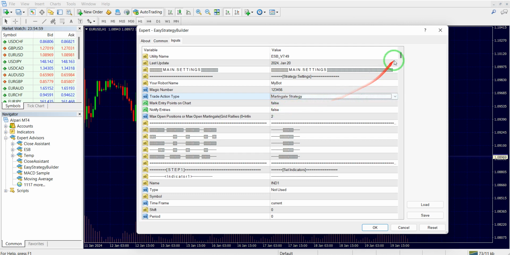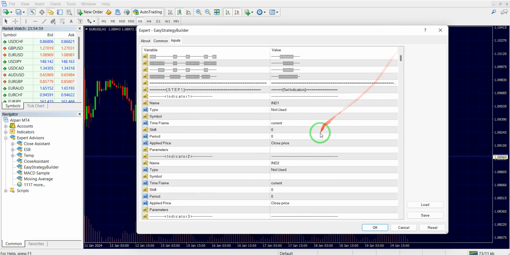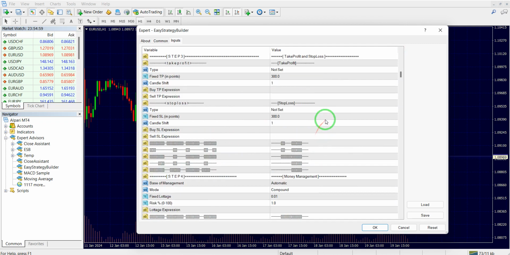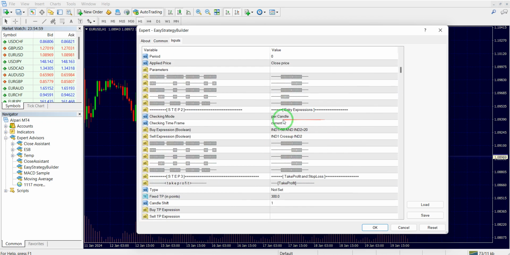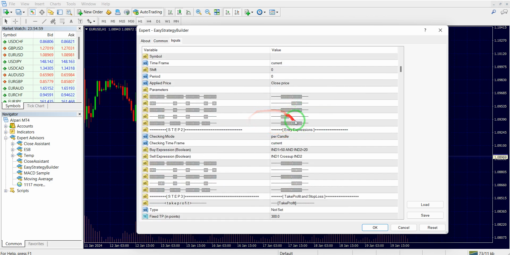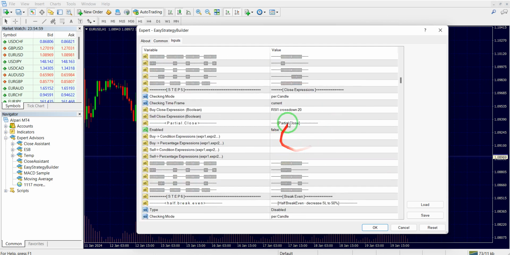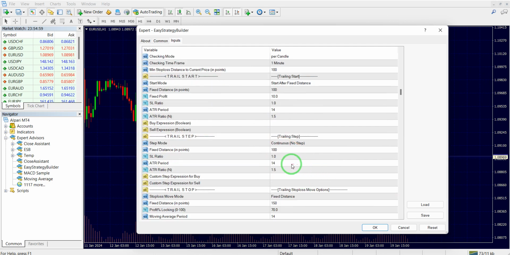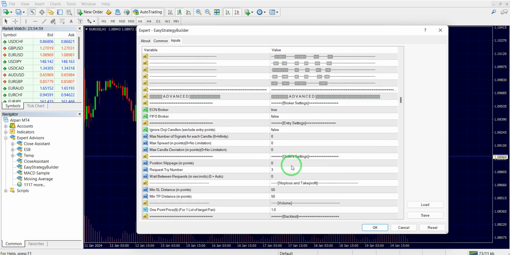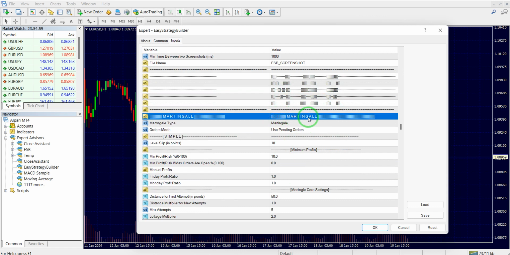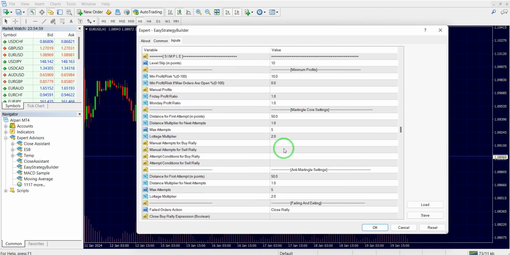If your strategy is martingale, only step 1 and step 2 are valid. Steps 3, 4, 5, 6, and 7 are not valid for the martingale plan. So for martingale, after step 1 and step 2, the other settings for martingale are under this section.